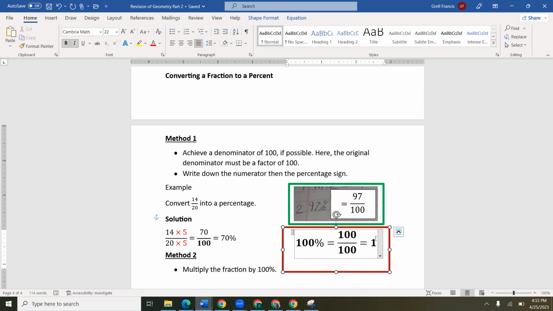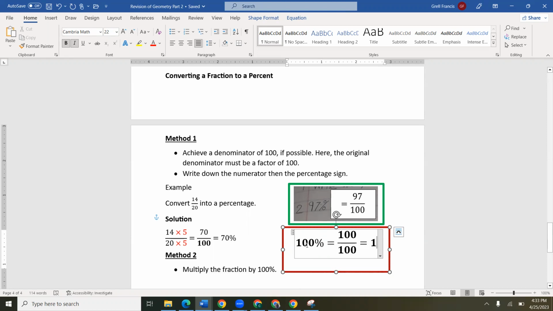Always remember that the line and 2 circles is percent, per 100, meaning divide by 100. So whenever you see that, all you have to do is write 100 under the number that is there.